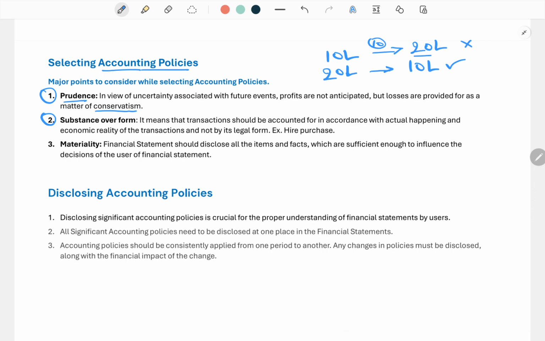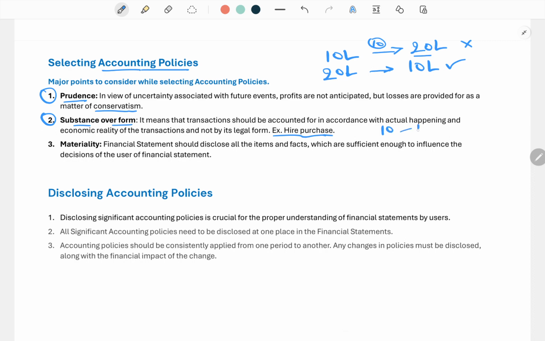The second thing is substance over form. We also call this substance over legal form. The value is 10 lakhs.